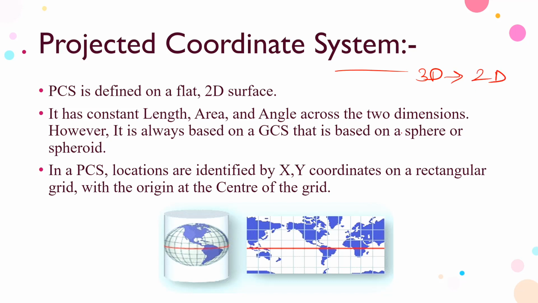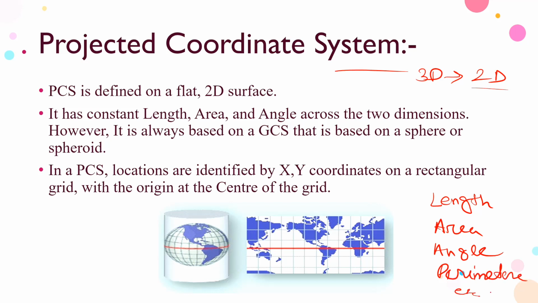It is a 2D surface projected coordinate system, and using it we can measure length value, area value, angle, perimeter, etc. It is always based on the GCS, on a sphere or a spheroid. Like this is Earth surface and this is a spheroid surface.